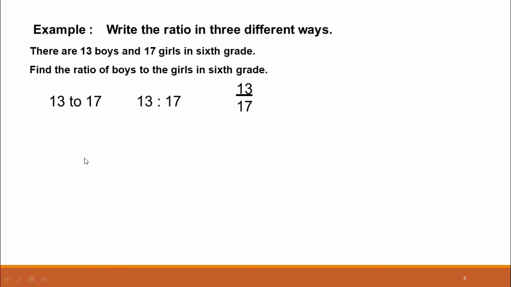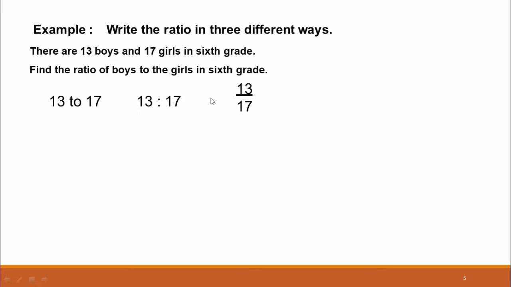Now, for example, there are 13 boys and 17 girls in a 6th grade class. Then how can we present these quantities by ratio? Since I have already told you that there are three ways to write the ratio, we can write 13 to 17. This is the first way. Using the word "to", the symbol colon, or the fraction, we can present the ratio between quantities.